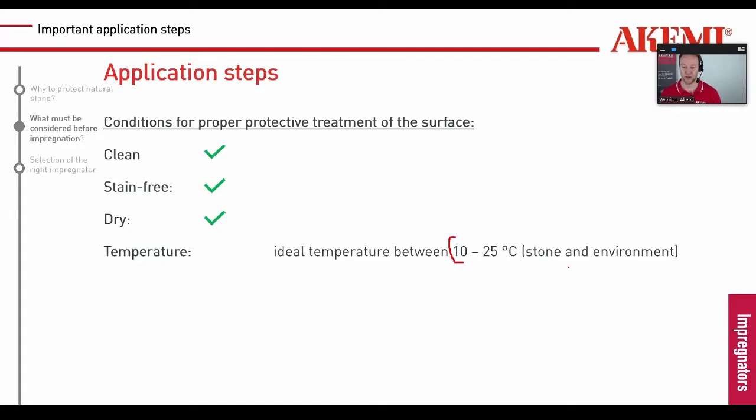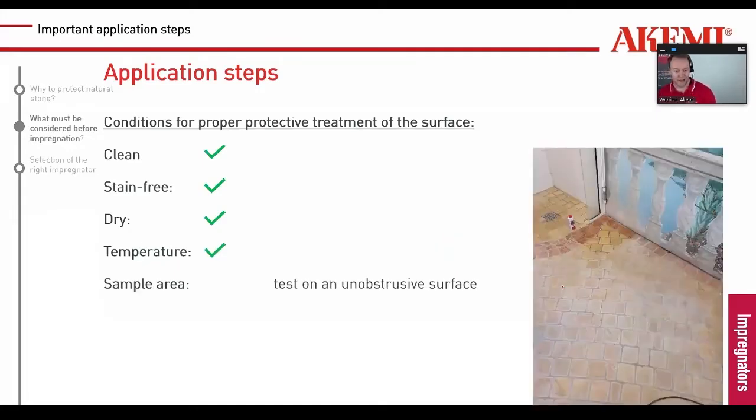Then a sample area. This is more for when you come to a customer, and he says, okay, my stone is too gray, I want it more enhanced, I want a darker, richer color. Here you should always do a sample area in a not so visible spot, not directly in the middle of the table, for example, but on a hidden spot.